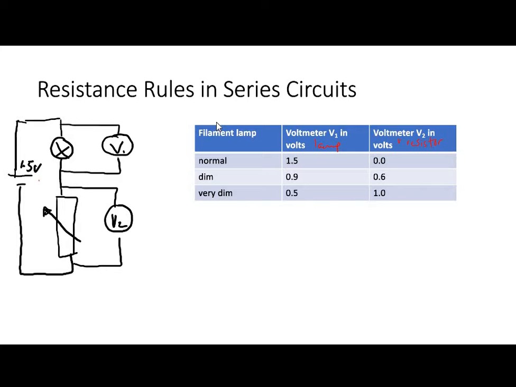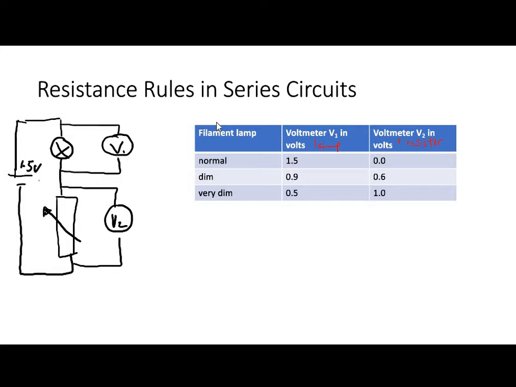So our total potential difference in the circuit is 1.5 volts, and all of that is across the lamp. Now, as we increase the resistance, we start to get a decrease in potential difference across the lamp and an increase in potential difference across the variable resistor. But notice that those two numbers still add up to 1.5 volts.